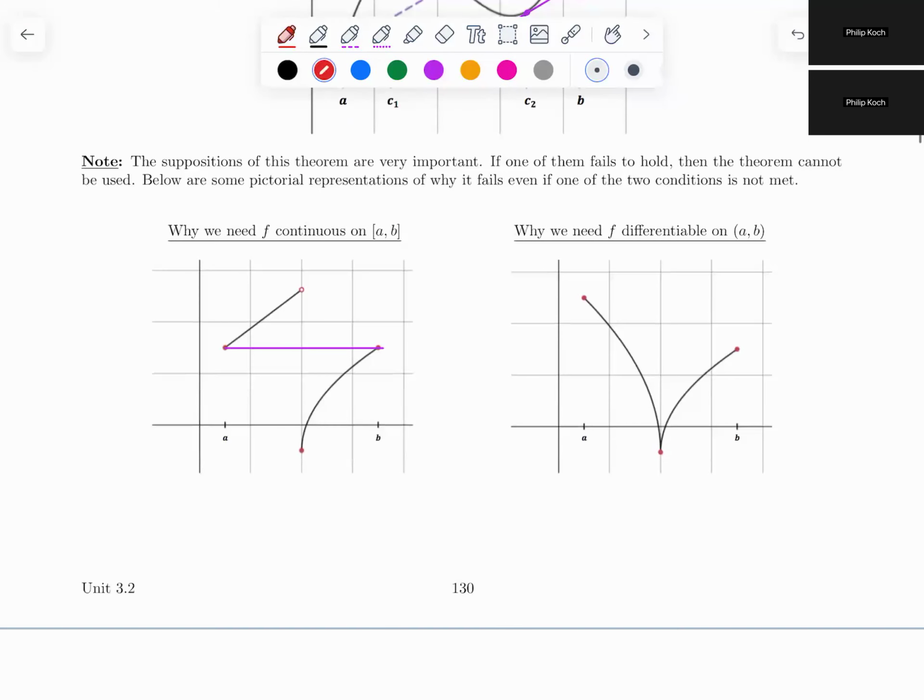No place on the graph, no x value where the tangent line has a slope of 0.